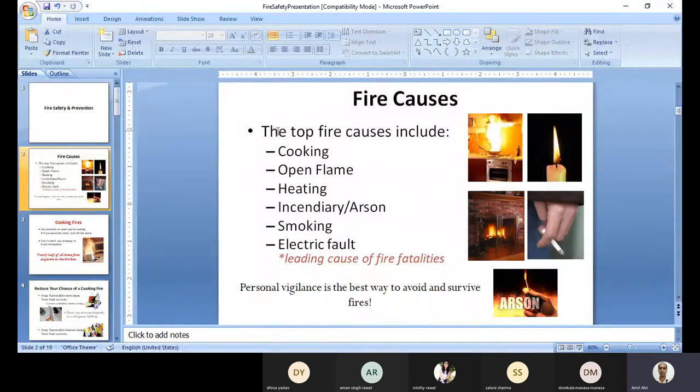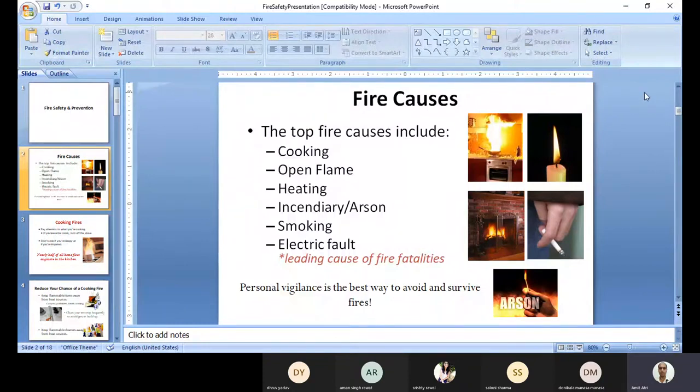Okay, so now considering some of the common but important causes of fire. So cooking. A very common factor, especially in the residential area. Okay, first of all, the type of building under consideration is also an important factor.